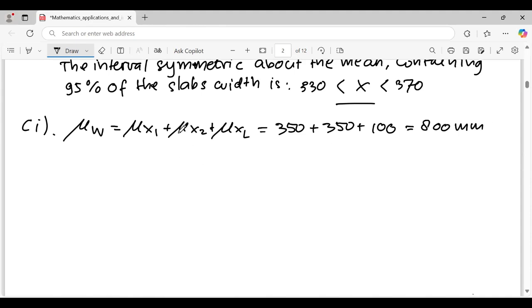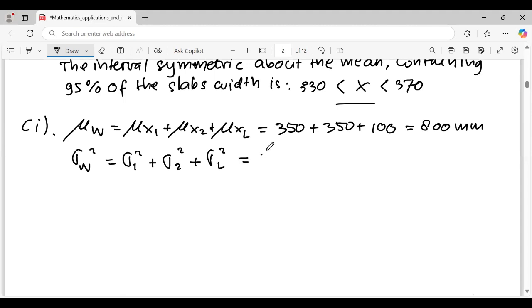And after that, the variance of W equals variance of x1 squared plus variance of x2 squared plus variance of L squared.